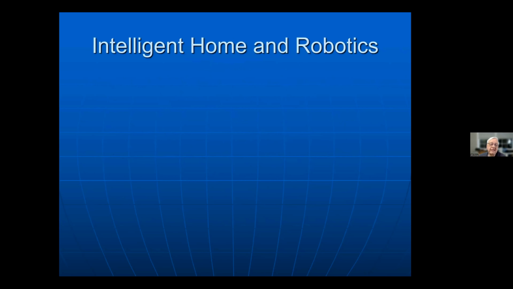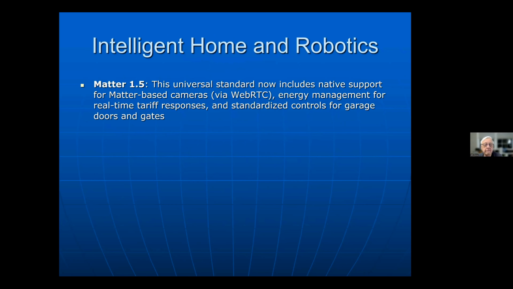In terms of intelligent home, what we see is, I talked in the past about Matter, and more recently we're up to Matter 1.5. So this now includes native support for cameras and energy management and real-time tariff responses.